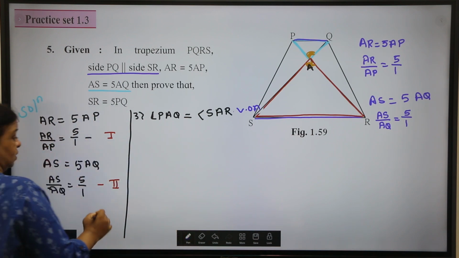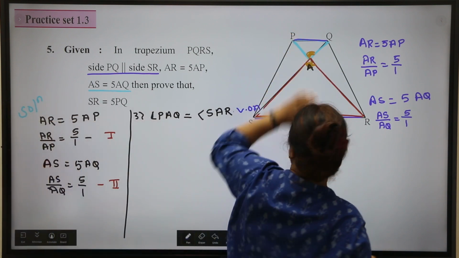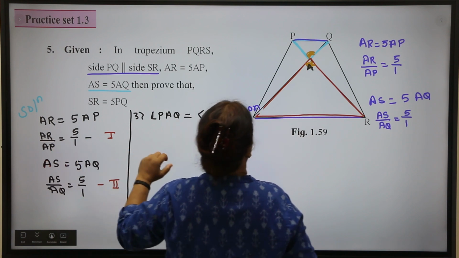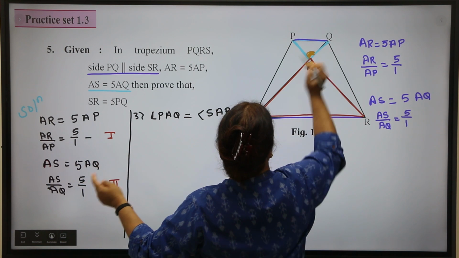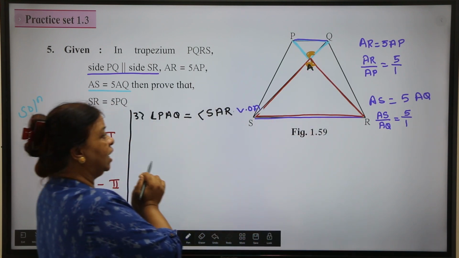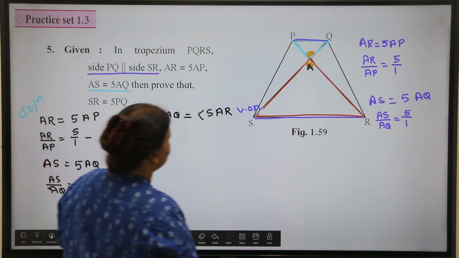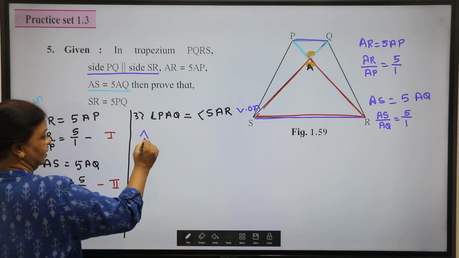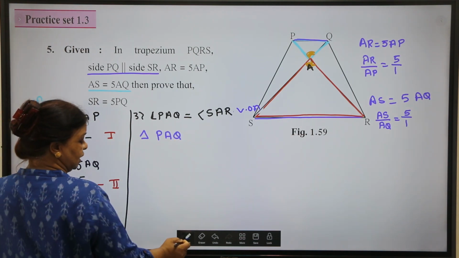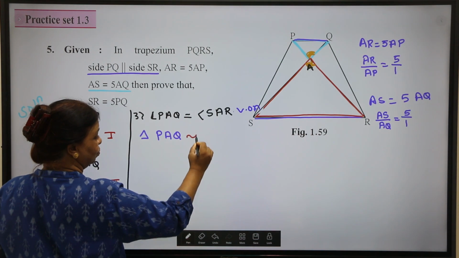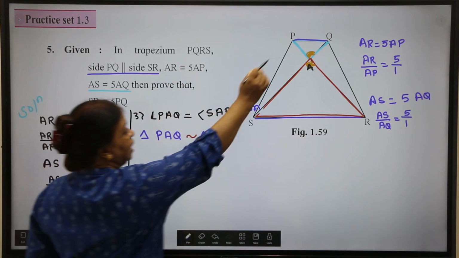Now we got two sides, corresponding sides. AR upon PA is equal to AS upon AQ, and in between those two corresponding sides one angle is equal. So we can say that triangle PAQ is similar to triangle SAR.